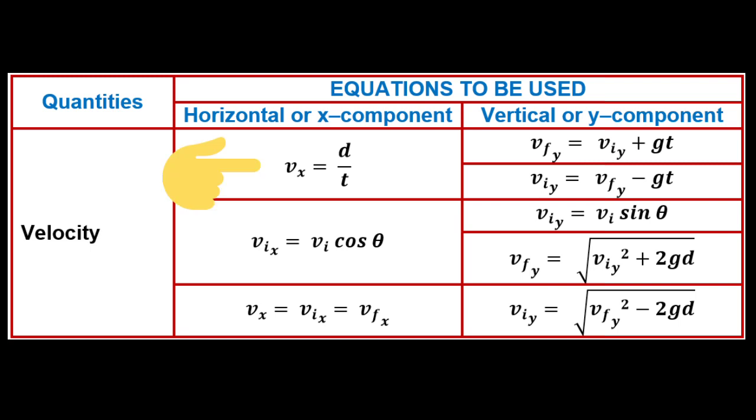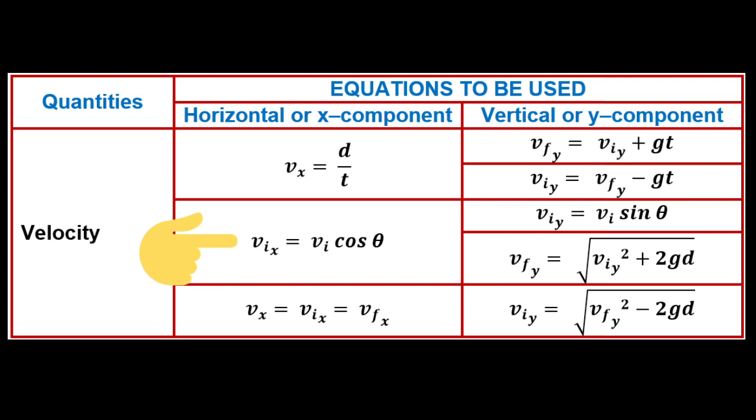First, we have Vx is equal to d over t, where Vx is the velocity, d is the horizontal displacement or the range, and t is the time. Next is Vix is equal to Vi cosine theta.